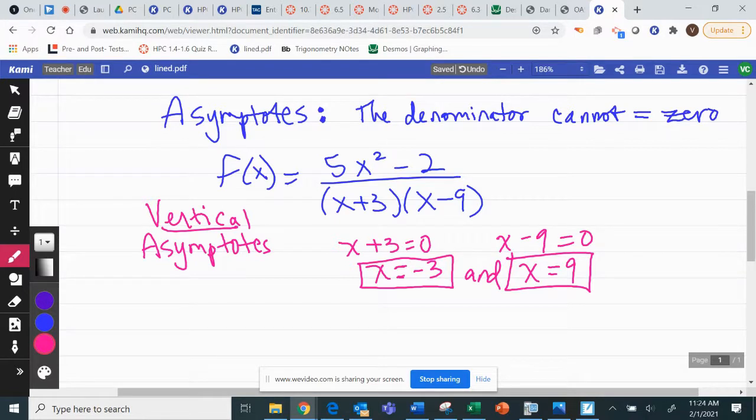The graph will never, ever pass through a vertical asymptote.